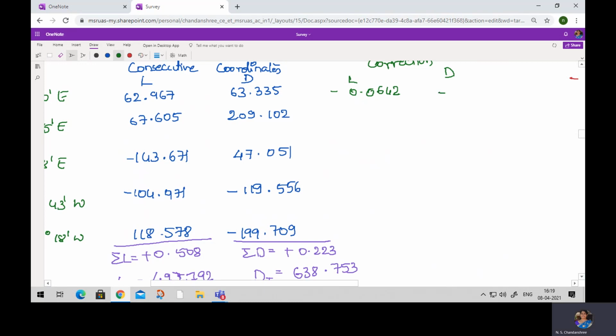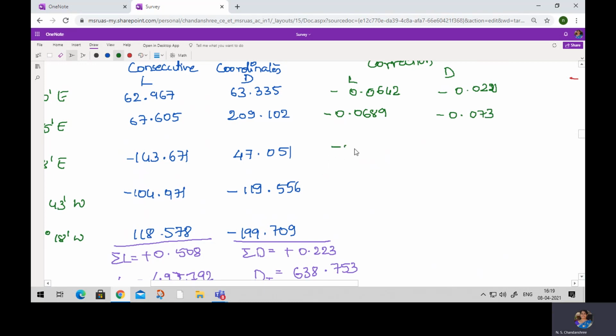Correction for departure is minus 0.0221. Next, this is minus 0.0689. For the line BC, the departure correction is minus 0.073.